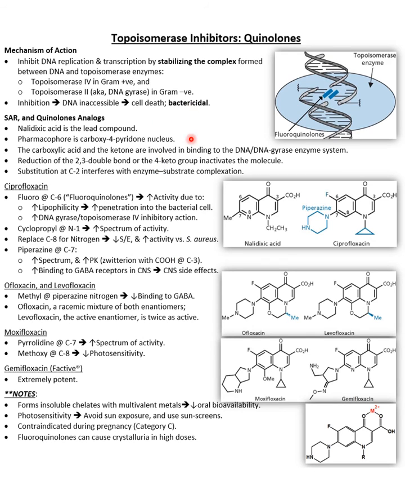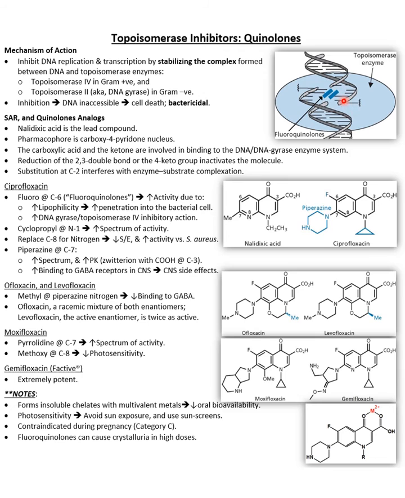Okay, the next class of antibiotics in today's lecture are the topoisomerase inhibitors, also known as quinolones or fluoroquinolones. The mechanism of action of this class of antibiotics is by inhibiting DNA transcription and replication. If you remember, in the protein synthesis process, we have transcription followed by translation.